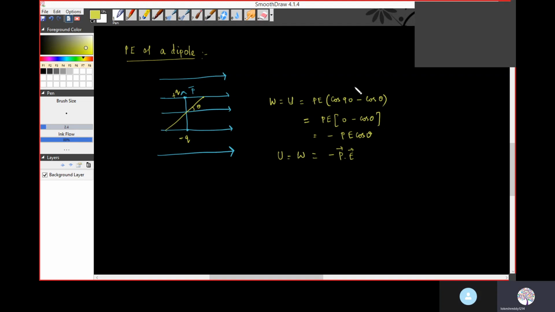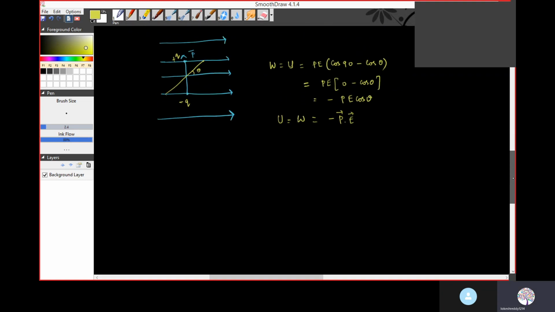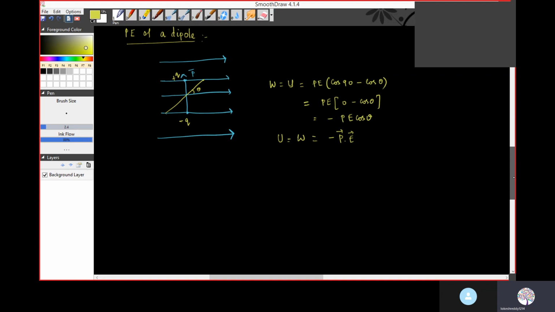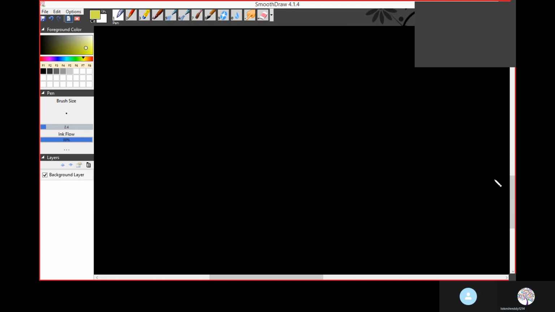Right. This is PE of dipole. Next concept is equilibrium of dipole.